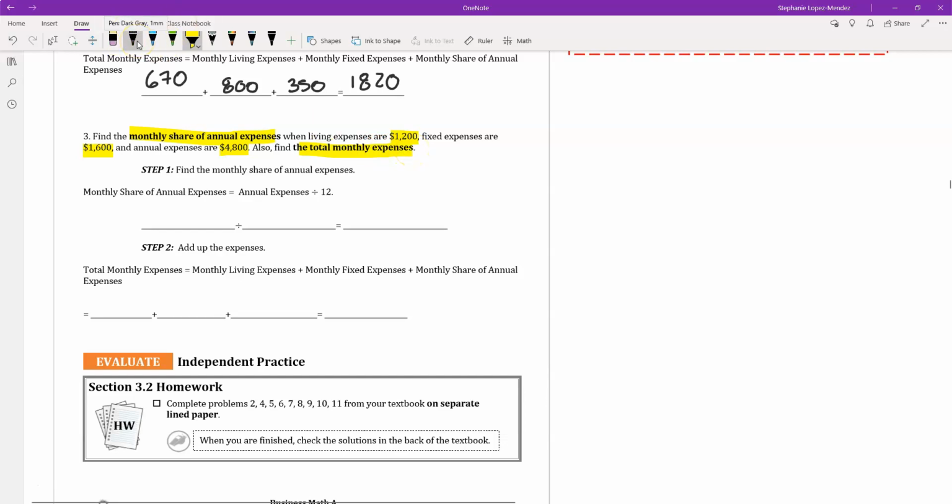So how are we going to do this? We are going to use in our first step this formula that is given for us. That is, the monthly share of annual expenses is equal to the annual expenses divided by 12. Okay, remember there's 12 months every year. So find the monthly share of annual expenses. In the example, it says that our annual expenses are $4,800.